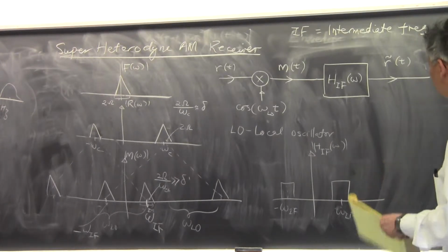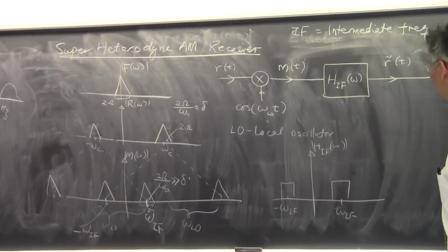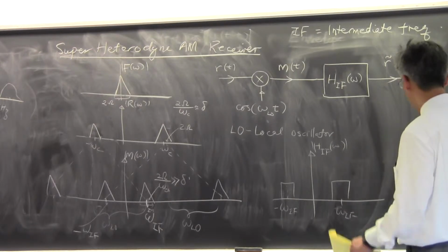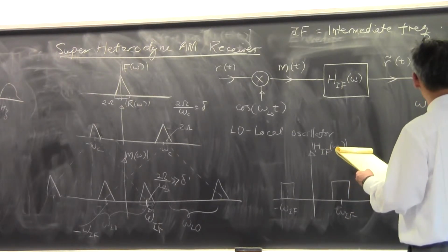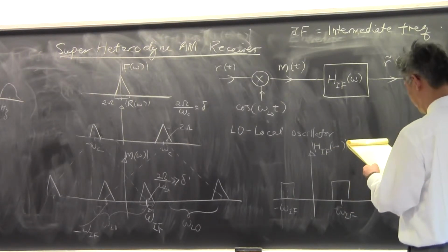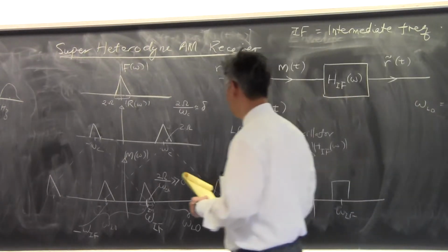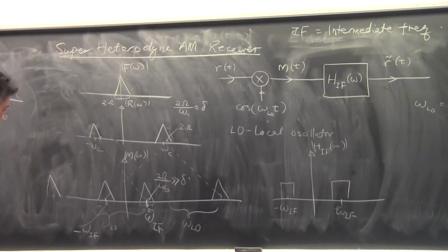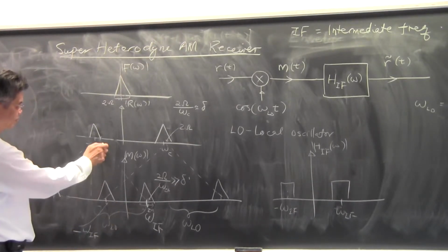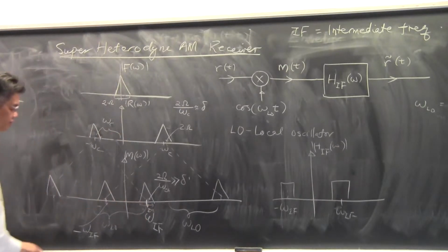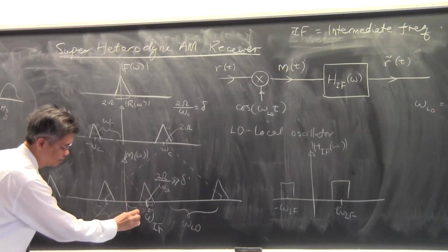And then, so let's take an example of AM580. Okay? So what they do there is that they take omega LO to be omega C plus omega IF. Okay, you can see that this is what we have over here too. Omega LO is omega C plus omega IF. Okay, this is omega IF.